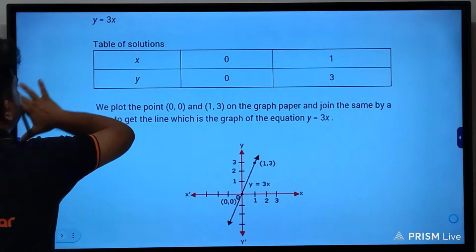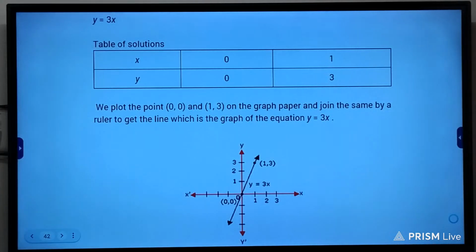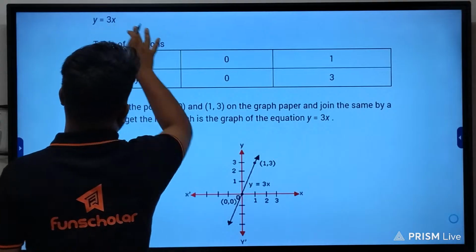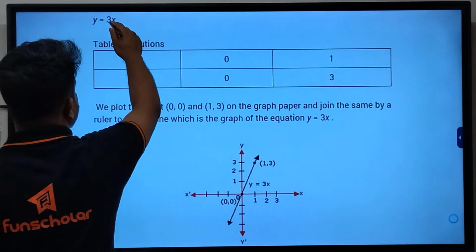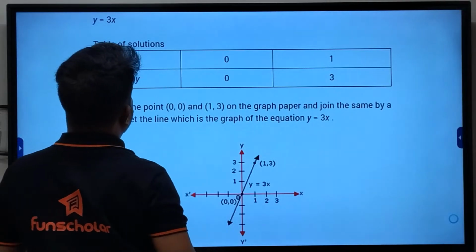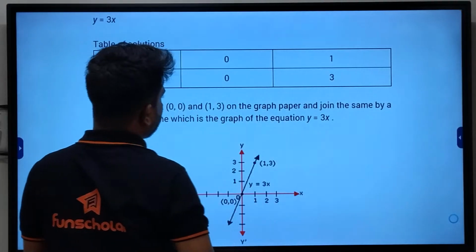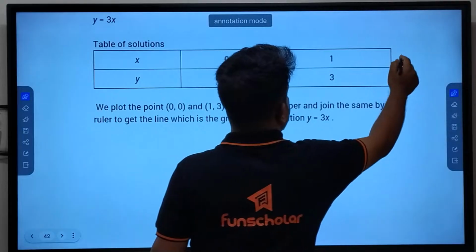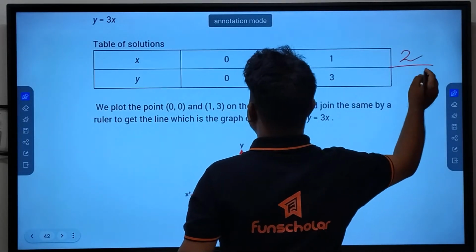The gist of the video is this: if y equals 3x, then how can we plot this equation on the graph paper? If I take the value of x as 0, then y will also be 0, and if I take 1, the value of y will be 3. If I take 2, then the value of y will be 6.